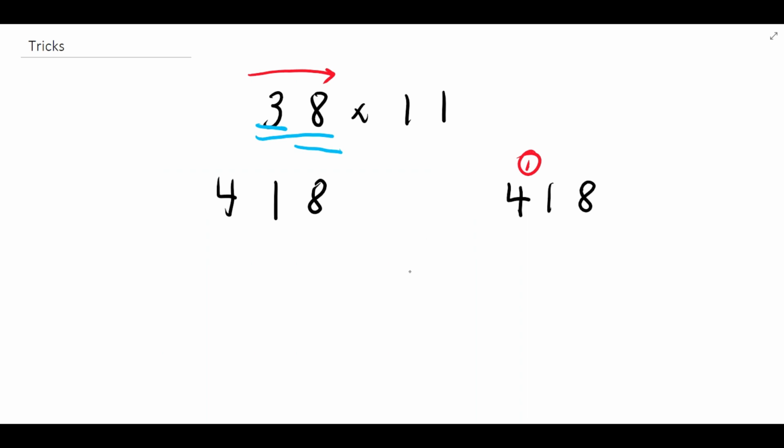And if you noticed, what we were doing there before was basically the same thing. 8 came down as it was because the number here was a 0, right? So 8 came down as it was. Then you added 3 and 8.